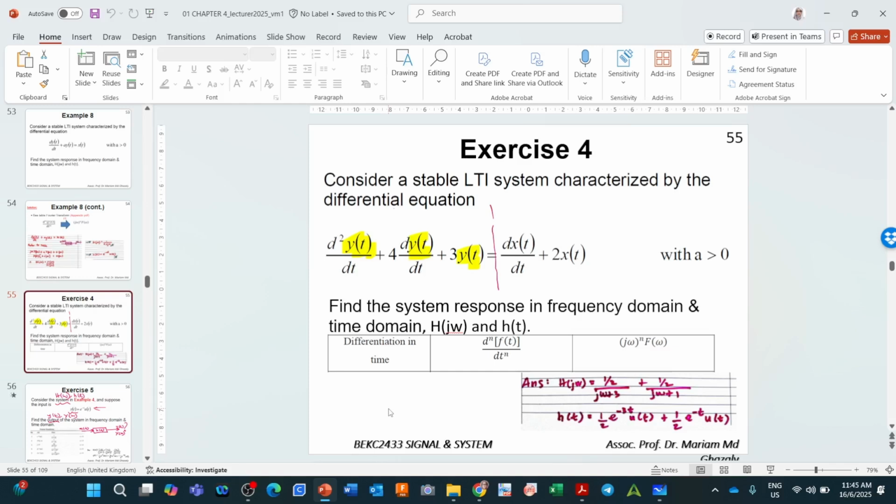Just write it down in terms of j omega in bracket for 2. That's all. And Y omega. Okay?